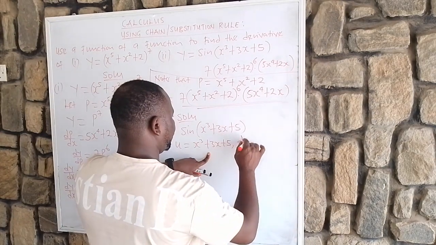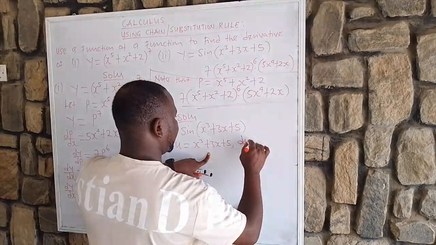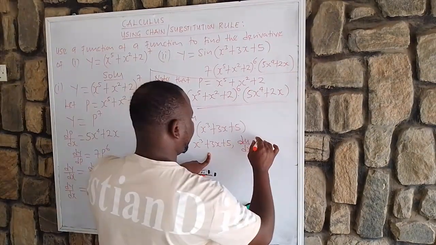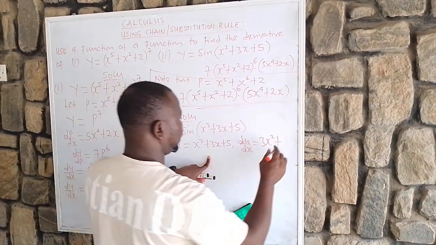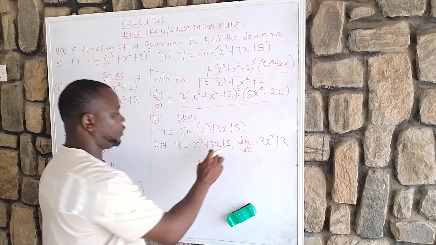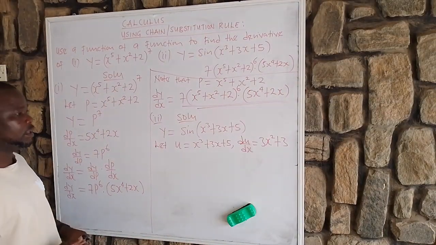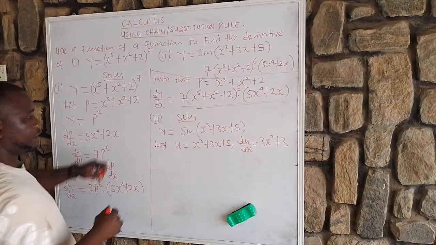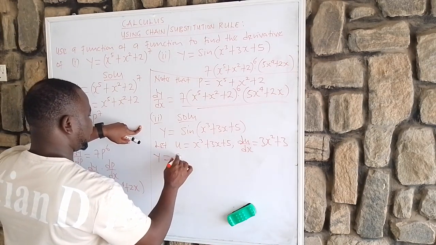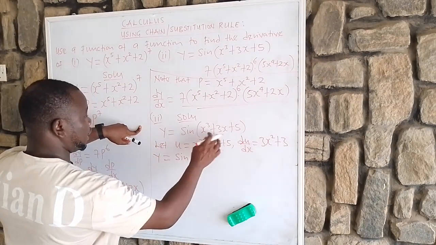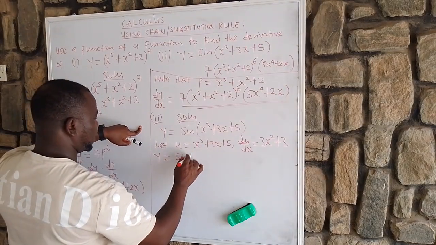It implies that du over dx is going to give us what? 3x squared plus, if you differentiate 3x, we're going to get 3. If you differentiate 5, which is a constant, it's going to give you 0. Then this implies that your y is equal to what? Sine. You said let u be equal to this, so sine u.